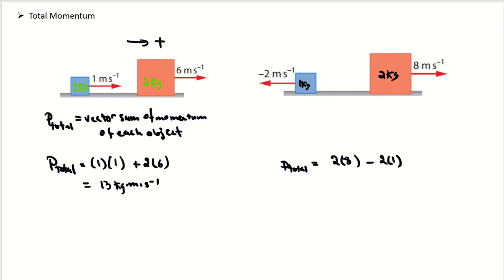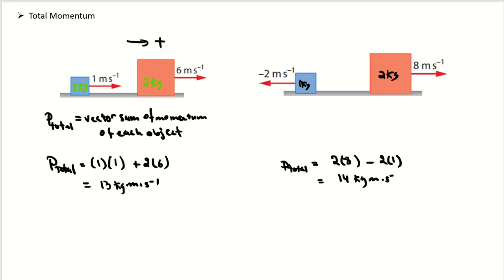So I'm adding them, but since this is pointing in the negative, I have to add the negative in this case. So the answer for this one is going to be 16 minus 2, which is 14 kilogram meter per second. So this is how I find the total momentum. Simply, it's the vector sum of the 2 momenta.